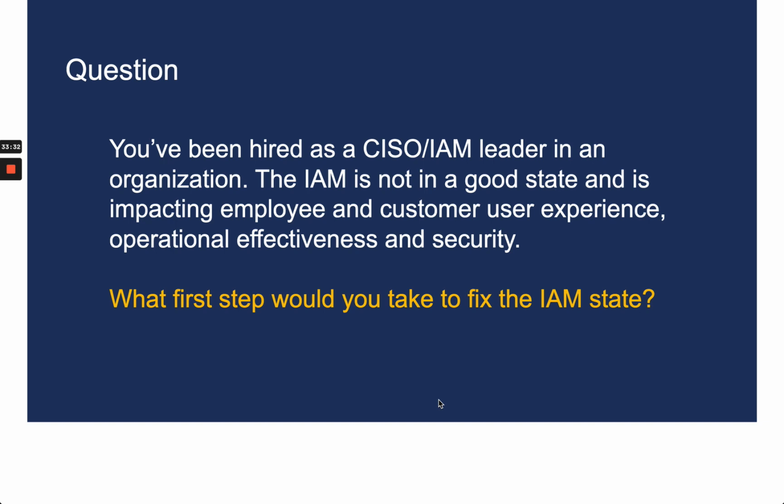So if I was a leader coming to a company where the IAM state is not good, the first and foremost thing would be to start with an IAM current state assessment, right? But the most important thing is that while you are preparing for that current state assessment, you also start engaging your stakeholders.